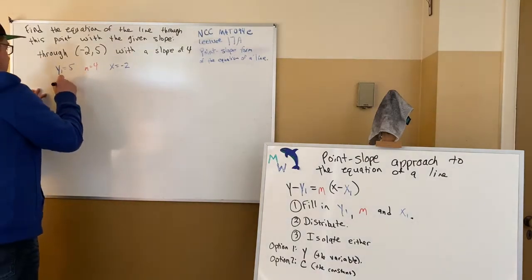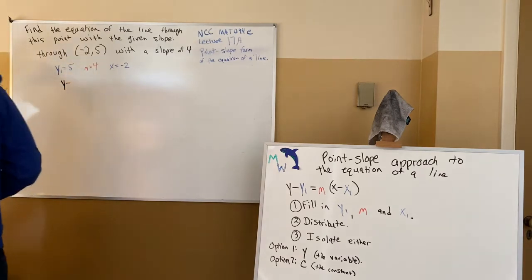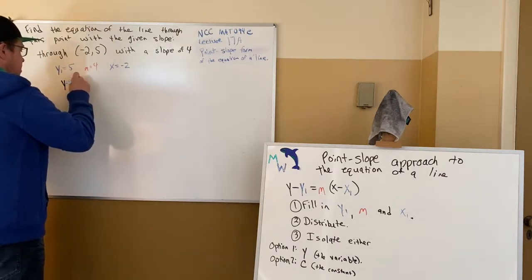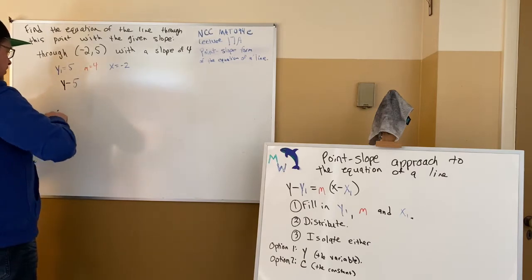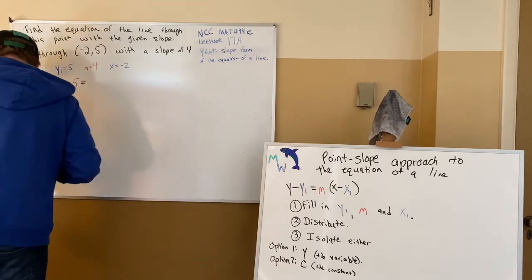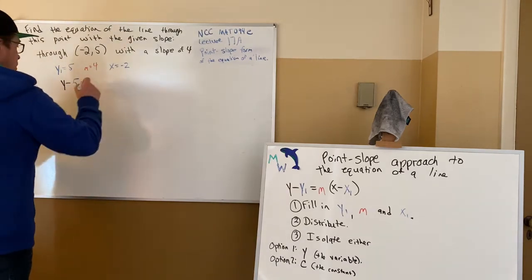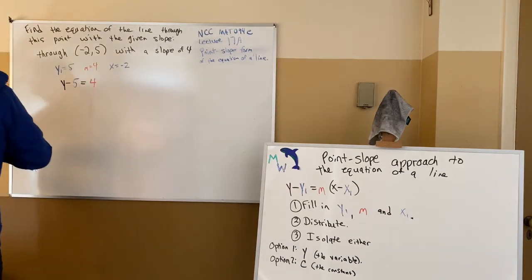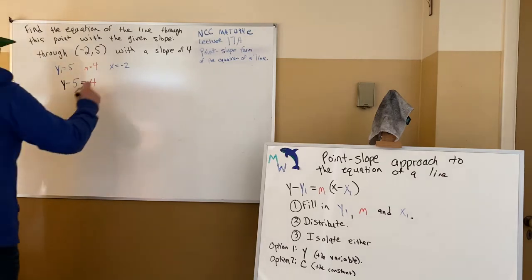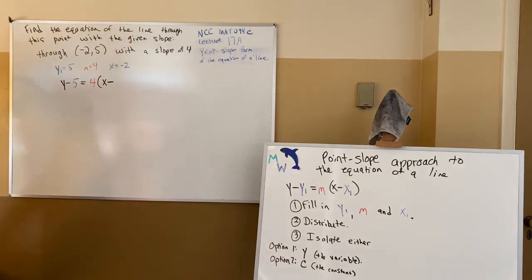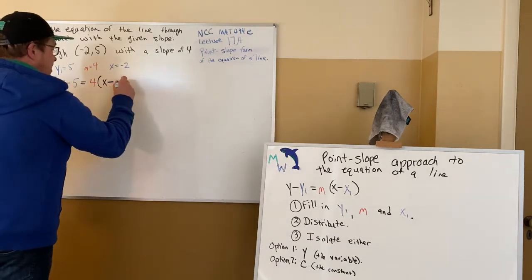This is the same every time: y minus, then comes their exact value of y, then the equal sign. Then we have our slope, which for us here is 4. And then we definitely have parentheses and the letter x, minus, and then we need our exact x, which is actually negative 2.